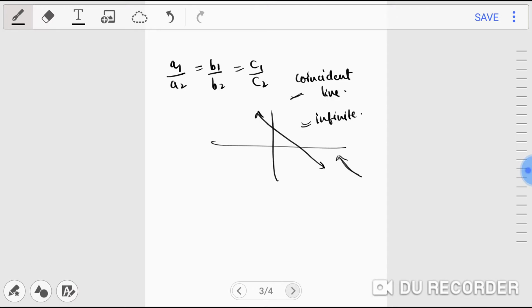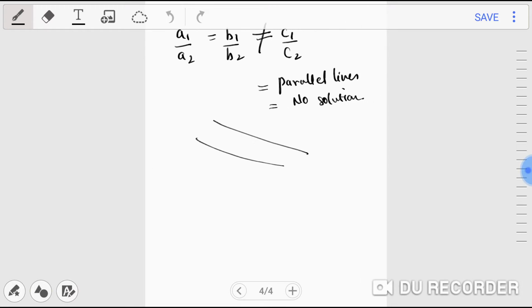Clear? And third is when a1 upon a2 is equal to b1 upon b2 but not equal to c1 upon c2. In that case the lines will be parallel to each other, and if they are parallel, they don't have any intersection point, so they have no solutions. Clear? Okay.